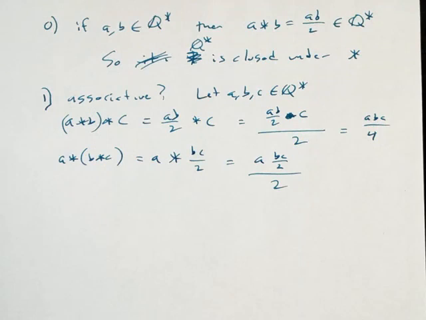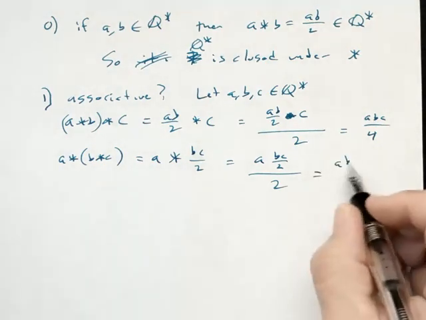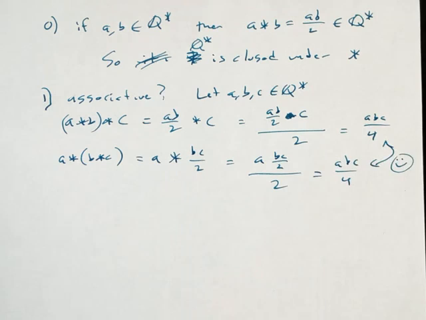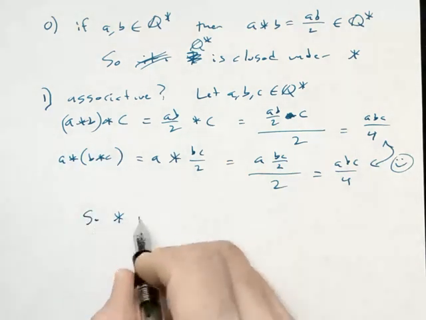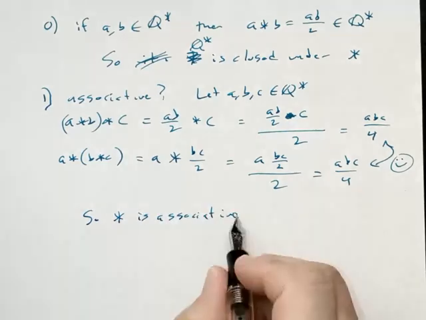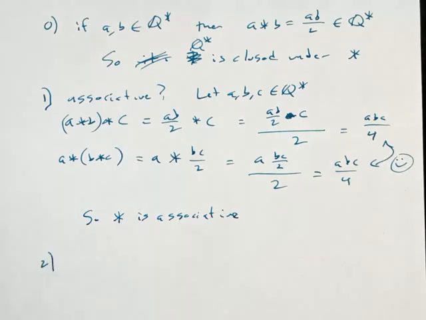Divide by 2 twice, that's dividing by 4. Those match. Two down, 2 to go.